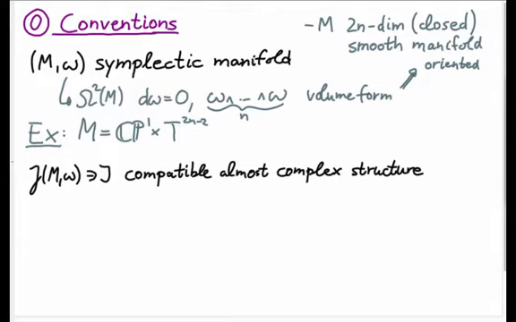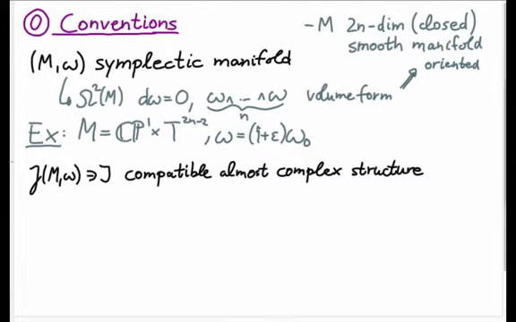Total dimension here is 2n. And we had a variety of symplectic structures on this. We were going to take spheres of area slightly bigger than pi. So there's a standard omega, a volume form, actually.